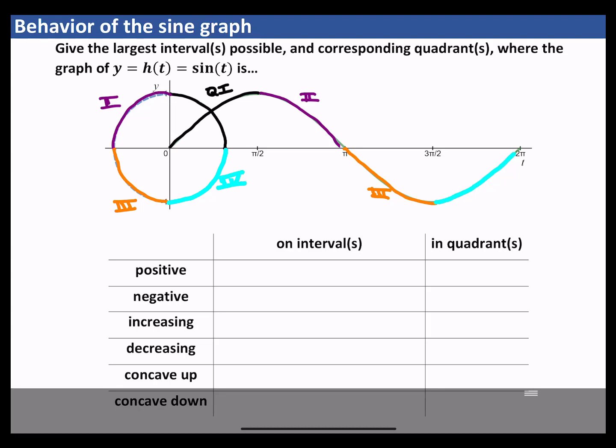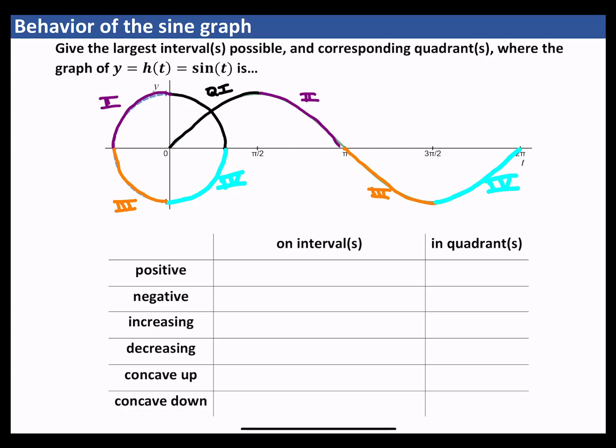So this aqua color here represents quadrant 4. So take a minute to decide for yourself where the sine of t satisfies each of these conditions, both by giving the interval or intervals and the quadrant or quadrants where these properties are true.